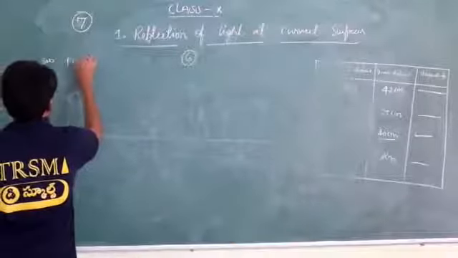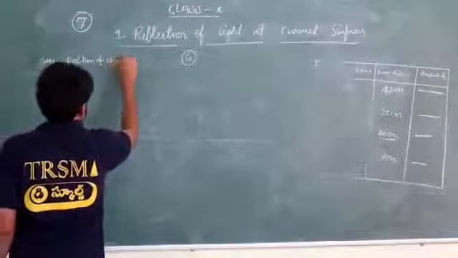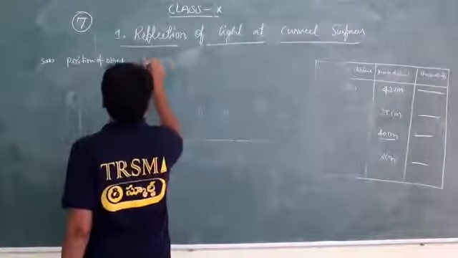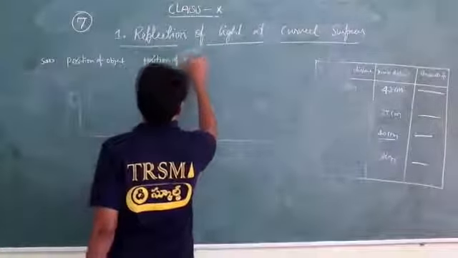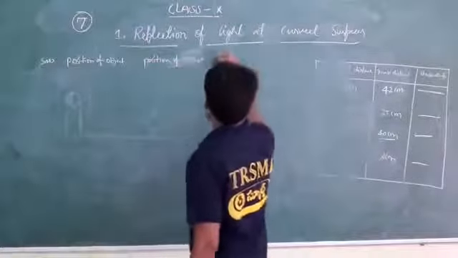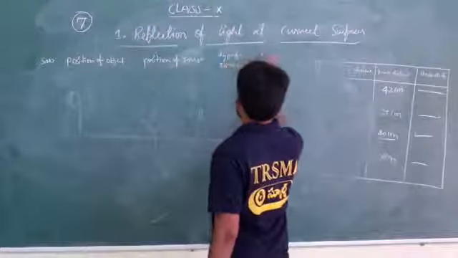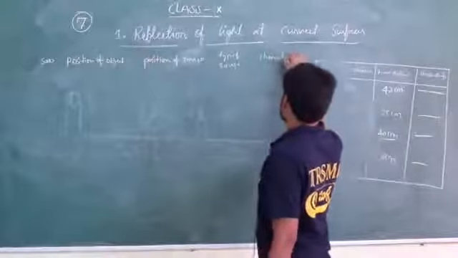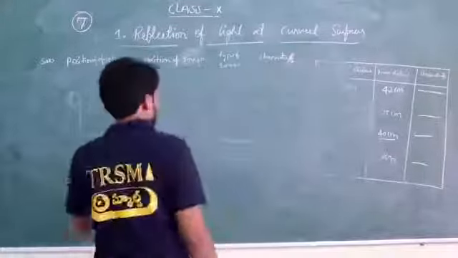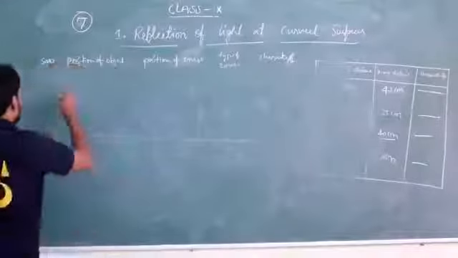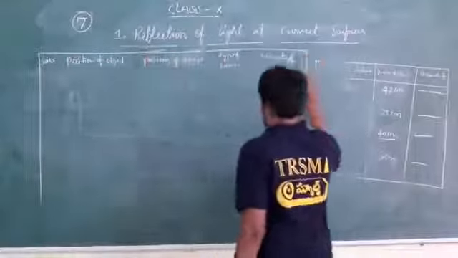Serial number, position of object, position of image, type of image, character. So what else did you get by doing this experiment? Finally, giving the conclusion by using this box.